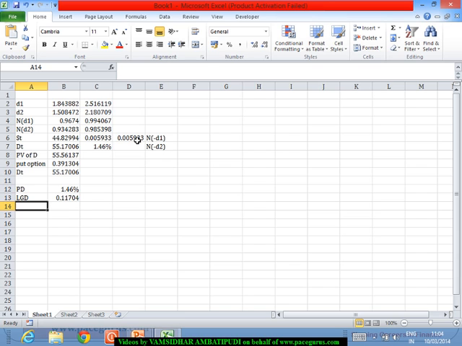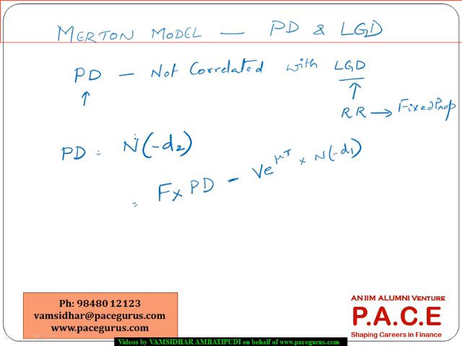We can simply substitute the values into this equation to try out what could be the relationships associated with each of these variables, right? So this is how we compute the probability of default and loss given default associated with the Merton model directly.